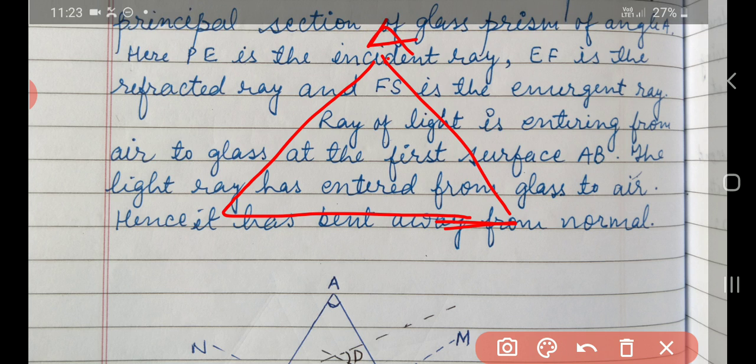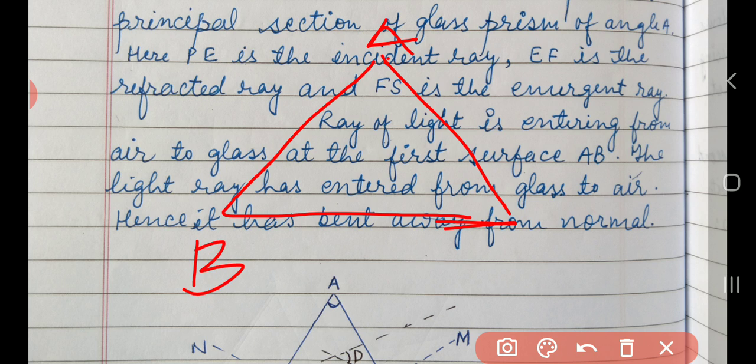This corner is A and this corner is B, and this is C. Now we draw an inclined line to face AB and put two pins at points P and Q. Suppose this is the light which is incident on face E.